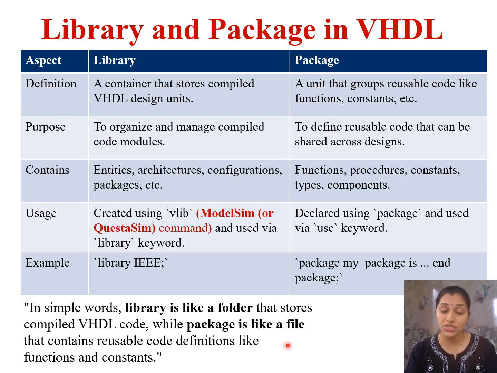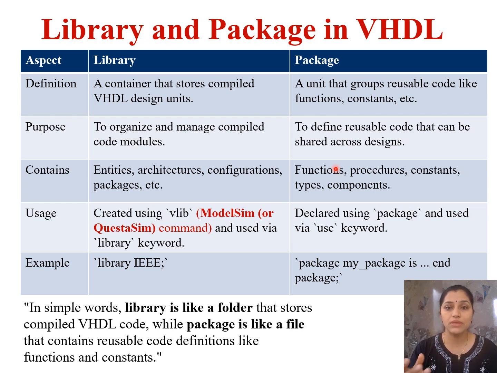That file is already stored in the folder that contains reusable code definitions like functions, constants, procedures, which we can reuse again and again. So purpose of library is to organize and manage compiled code modules, and the purpose of package is to define reusable codes that can be shared across designs.